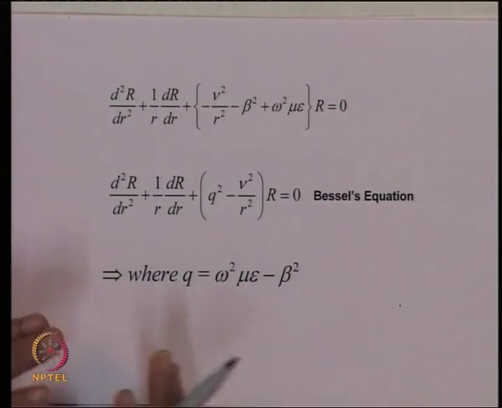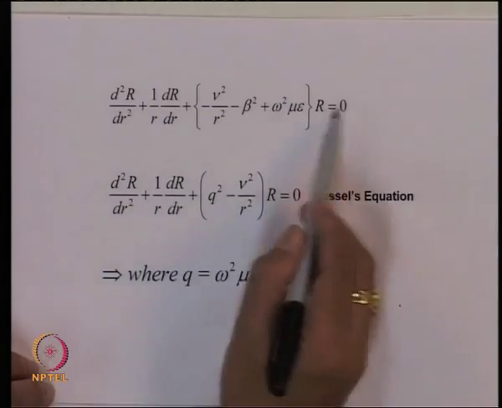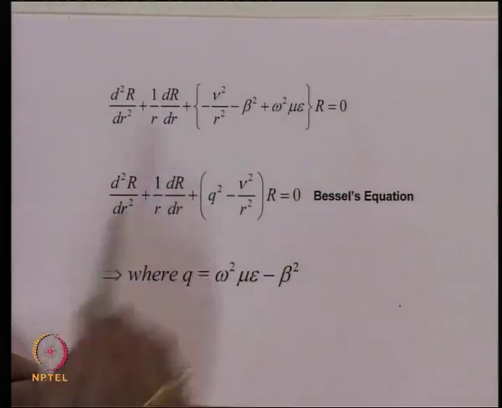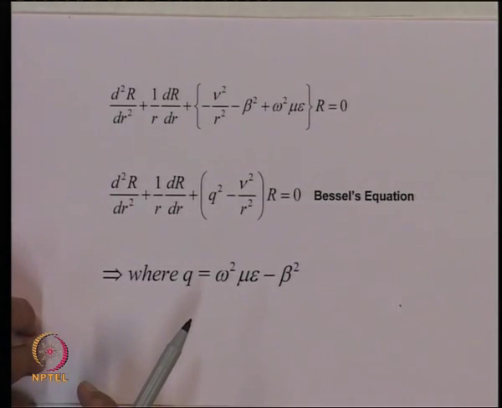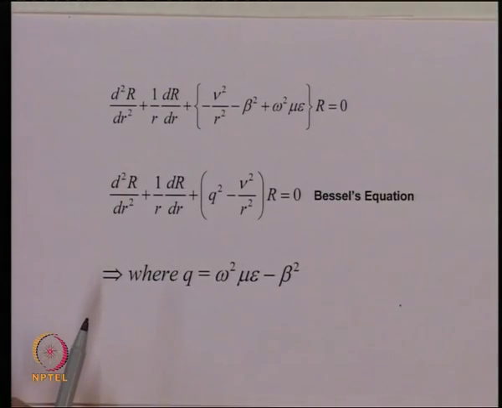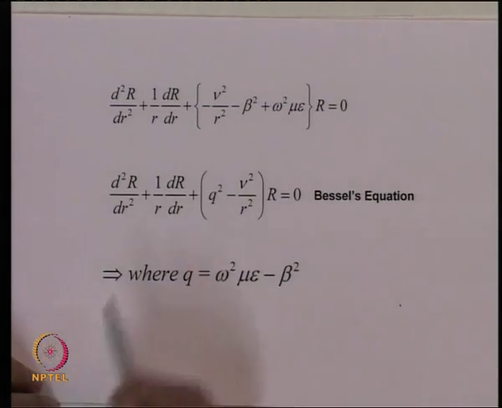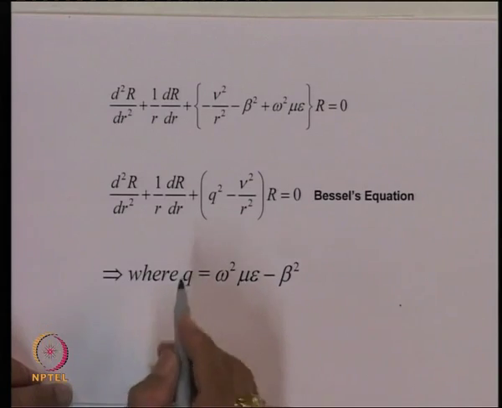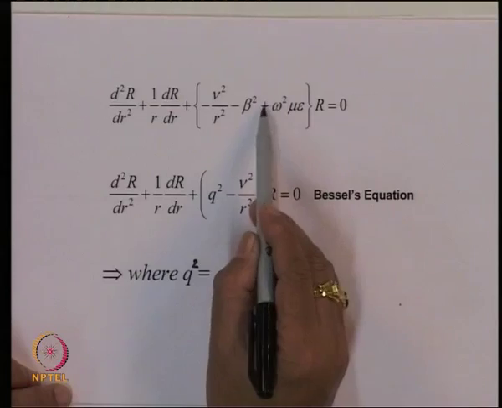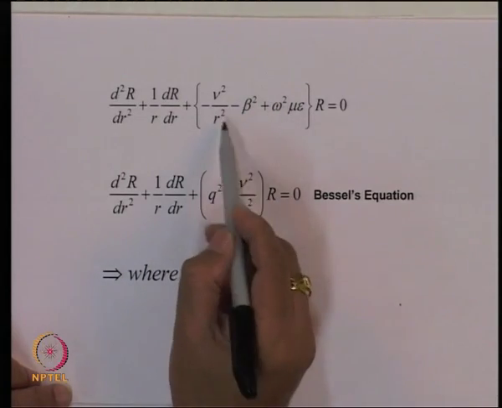So, the wave equation now essentially reduces to this equation for capital R as a function of r. This equation is what is called the Bessel's equation, where for brevity we define this quantity q square, which is equal to omega square mu epsilon minus beta square.